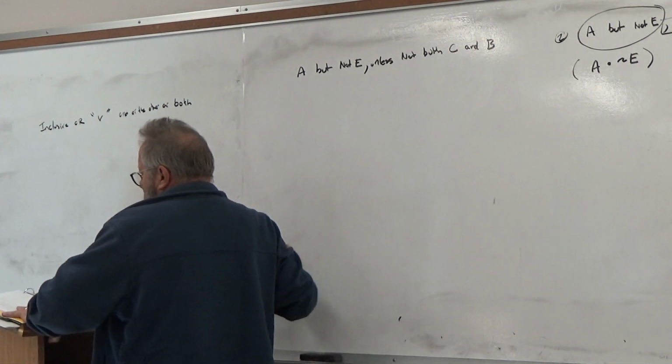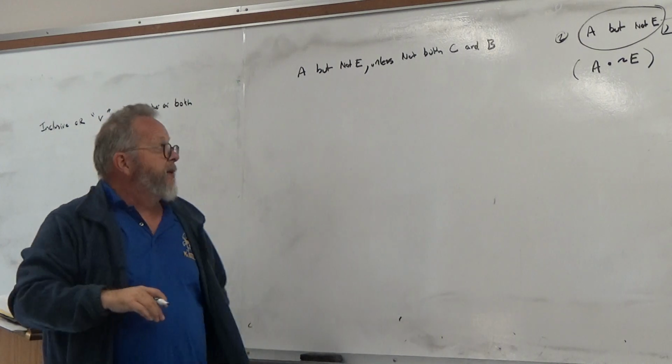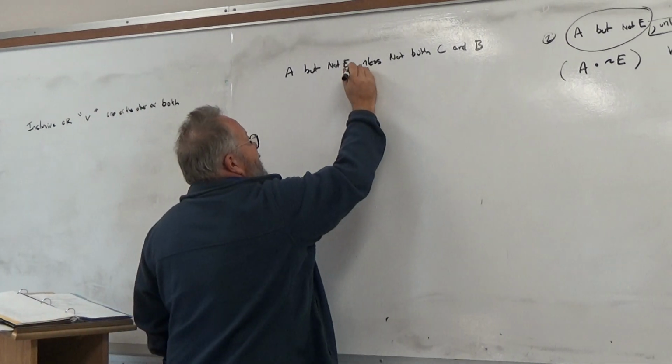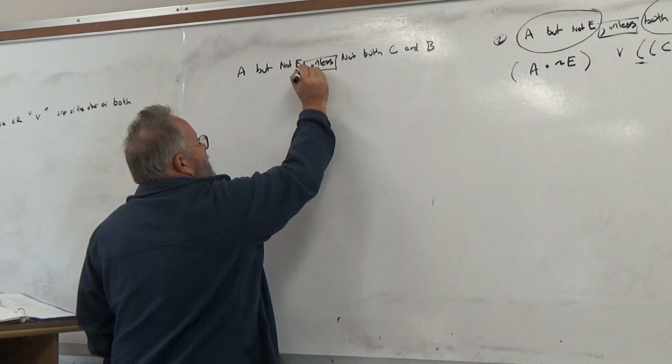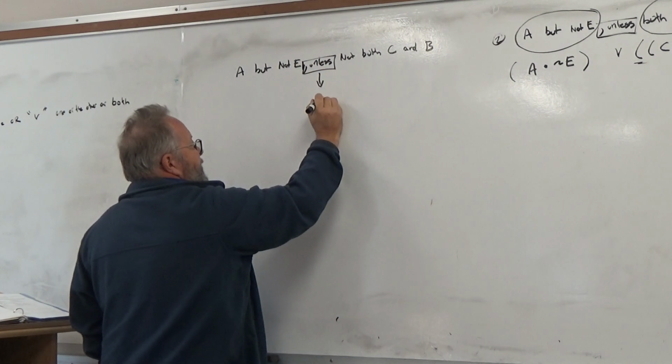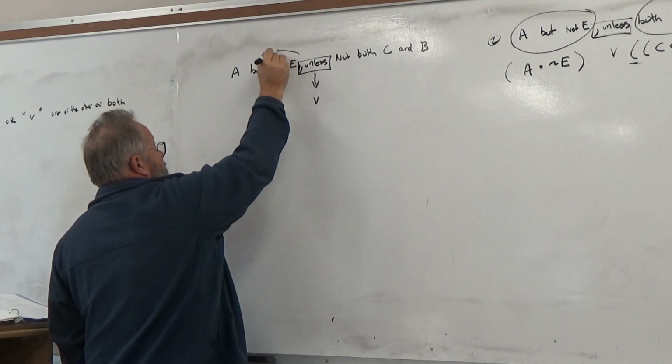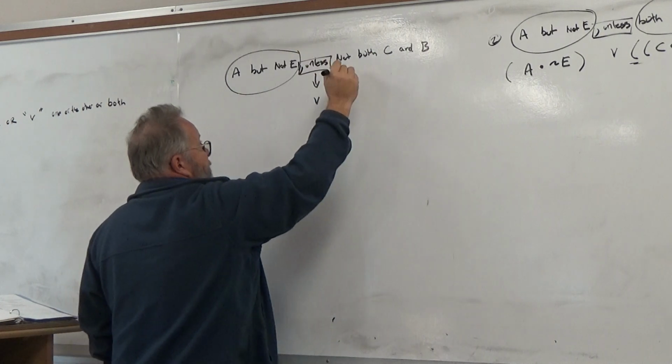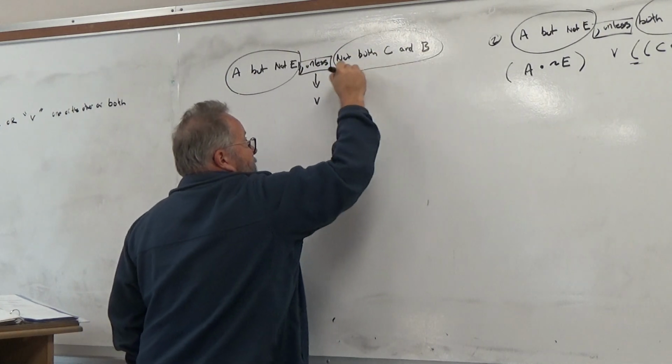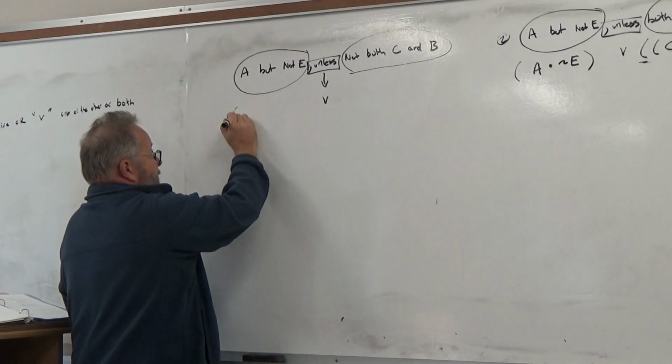Okay. Looking for the main logical operator again. Comma, unless tells me that's the main one. Easiest way to handle it is an or. That means all of this stays together, and all of this stays together as disjuncts, okay?